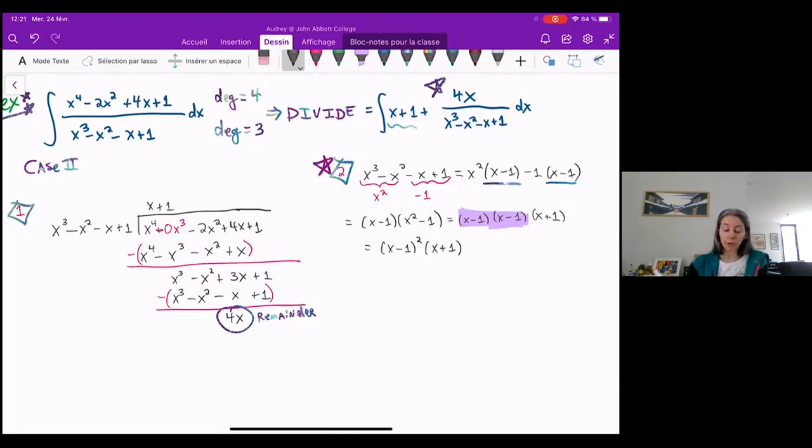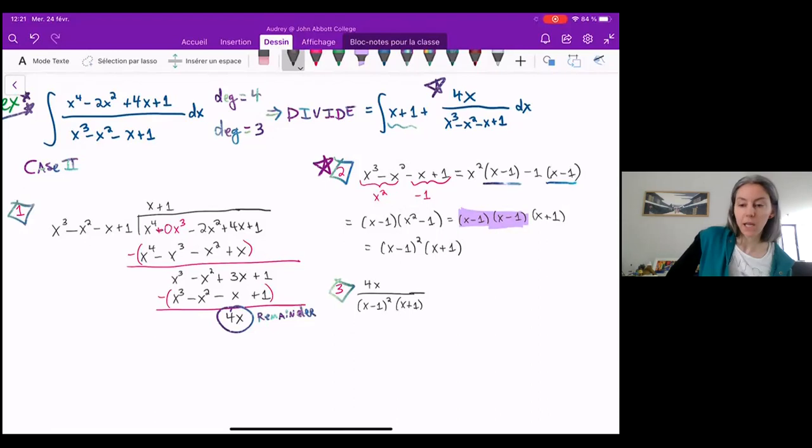Okay, so this brings me to my third step, which is to create my partial fractions decomposition. So I have 4x over x minus 1 squared times x plus 1. The fact that that x minus 1 occurs 2 times tells me that this is a case 2 problem, but these are all linear, which means that the numerators will still just be constants.